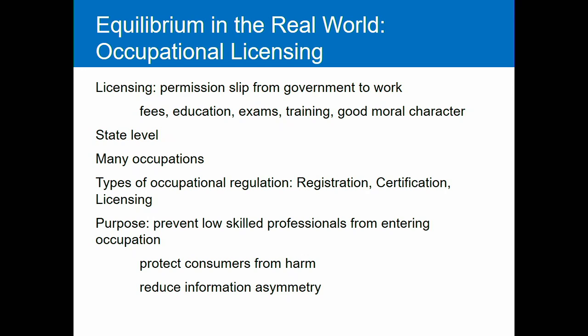So it protects consumers from harm and also reduces information asymmetry. The idea is that this person has a credential that they can show you to prove that they are skilled at providing that service to you. So more people will be willing to buy a service from an individual if they know they're going to get a good service.